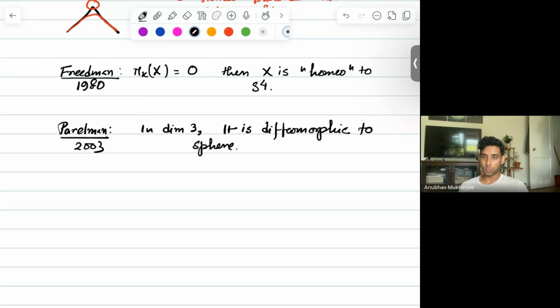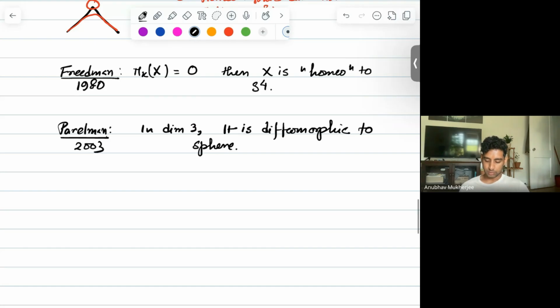And again, he was awarded the Fields Medal for this, but he rejected it because of various controversies. So as I said, this is one of the most influential problems in topology, and it sort of shaped the modern world.